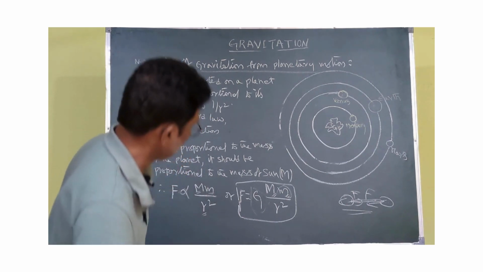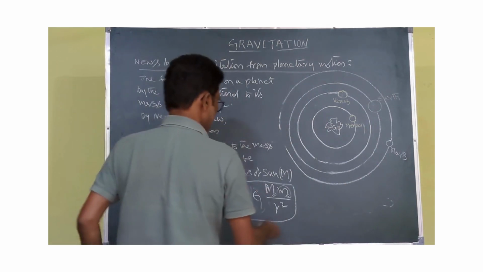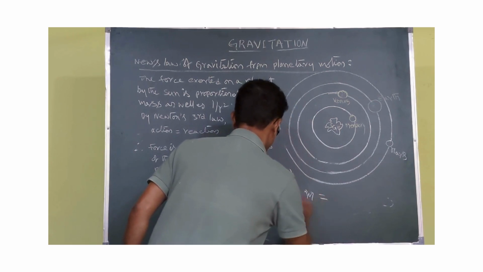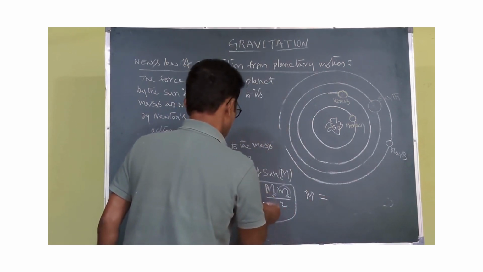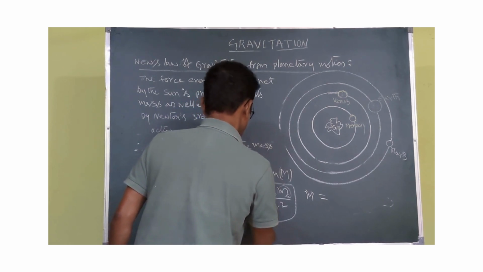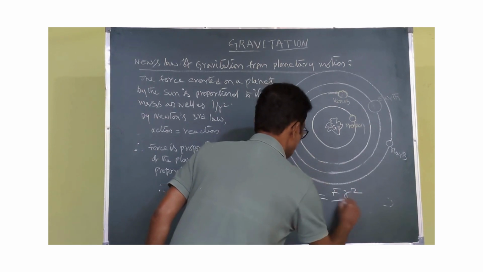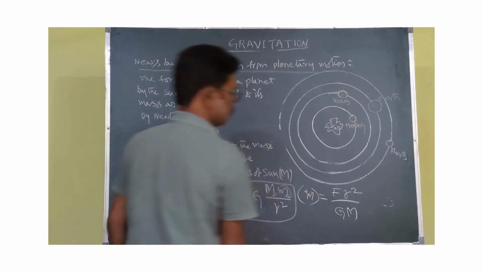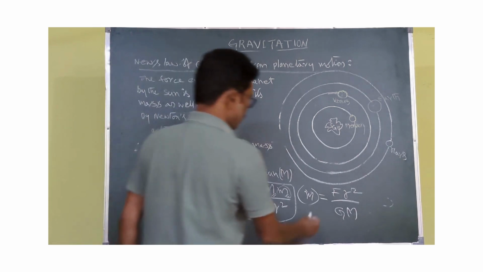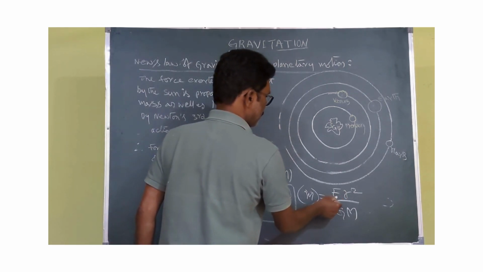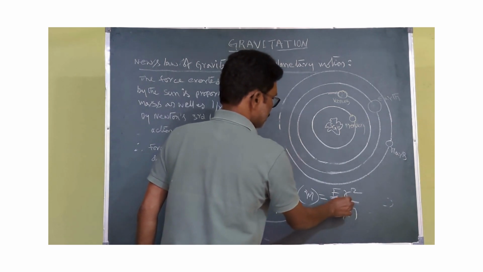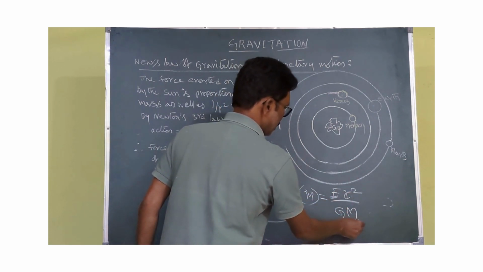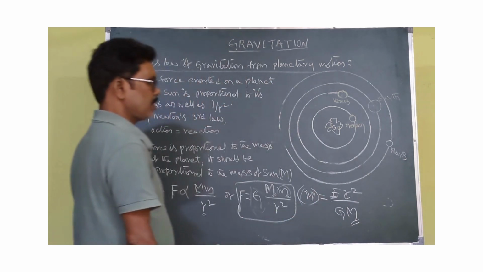For example, if you want to find the mass m of a planet, rearrange the equation: m equal to F into r square divided by G into M. If you know the force, the distance between the Sun and that particular planet, the G value, and the mass of the Sun, you can calculate the mass of that planet.